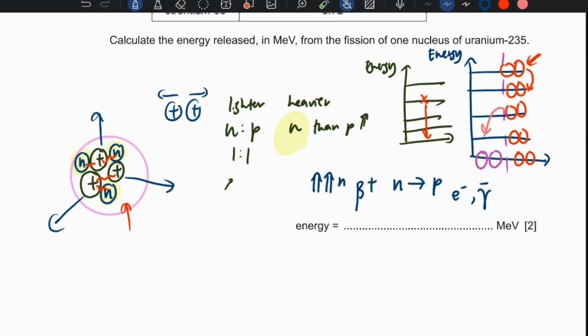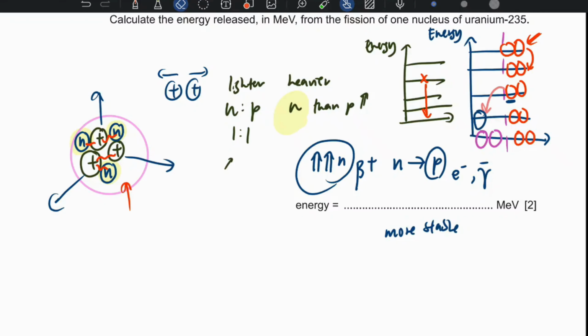So now this neutron here, for example, is transformed to a proton. Therefore, now it can come to this energy level because it is now a proton. If it's a neutron, you can't come because this is reserved for protons. So this is why you undergo radioactive decay: when you have an unstable nucleus, you undergo radioactive decay to become more stable.